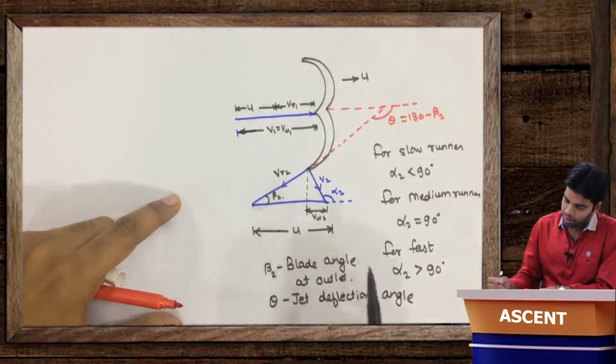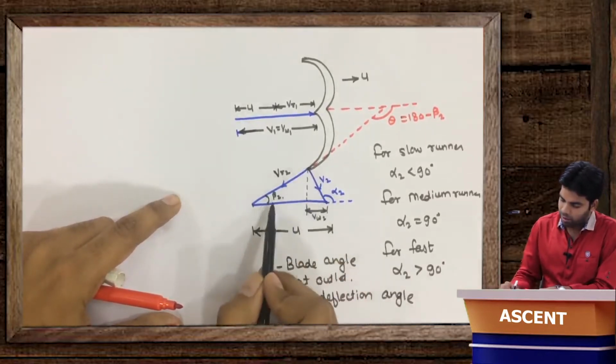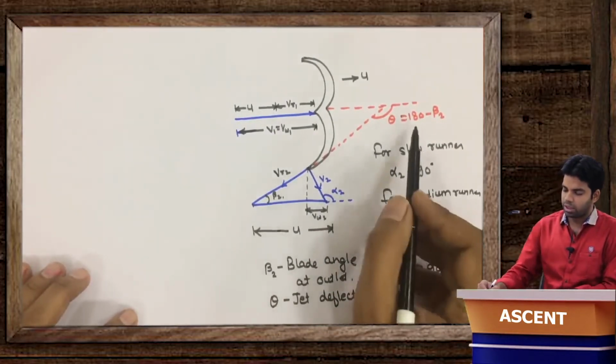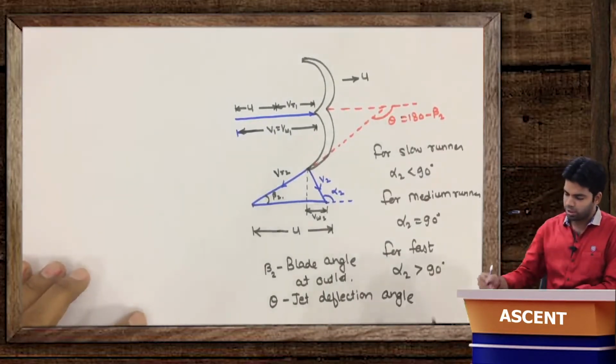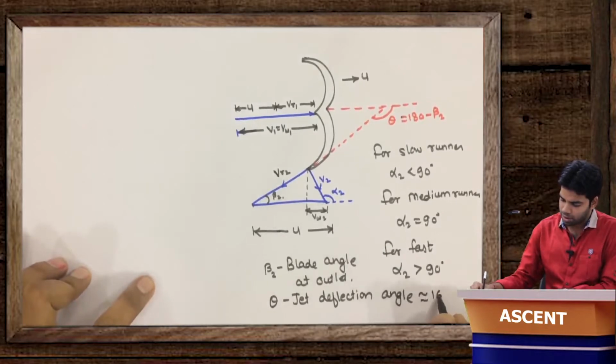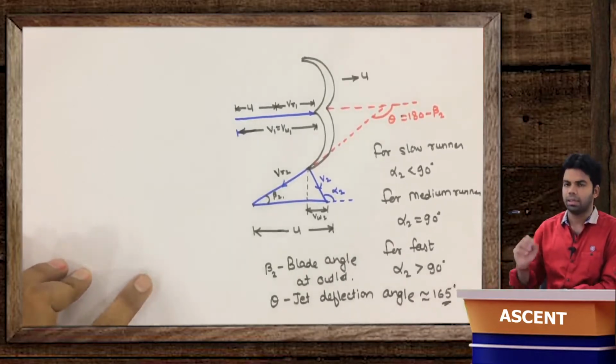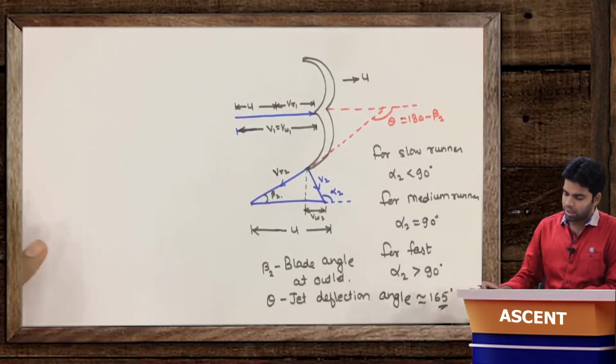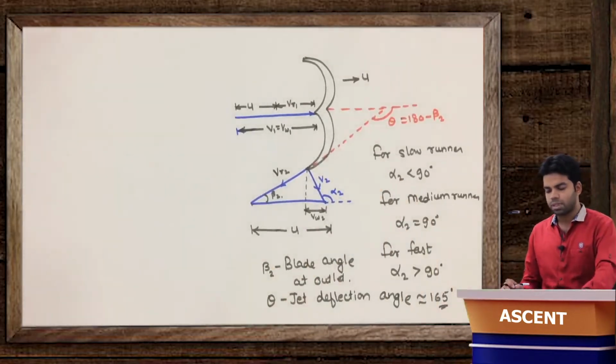Okay, the angle beta 2 is the blade outlet angle, and this angle theta is the jet deflection angle, which is equal to 180 minus beta 2, and this theta is generally equal to 165 degree. Now why this is almost equal to 165 degree, we will discuss. Okay, so this angle theta is almost equal to 165 degrees.